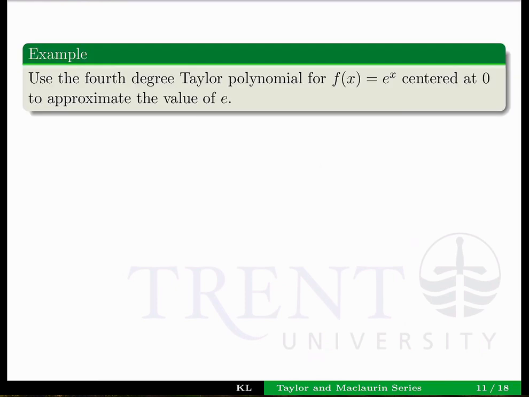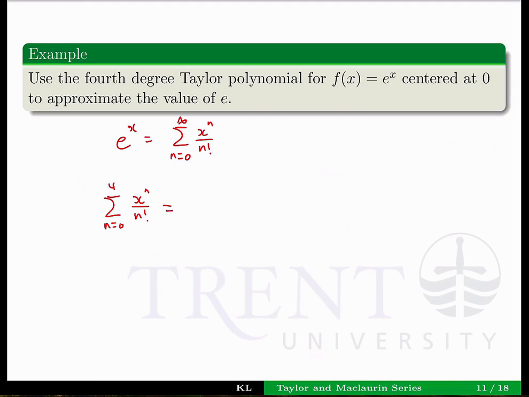Now, use the fourth degree Taylor polynomial for f of x equals e to the x centered at 0 to approximate the value of e. So we have here e to the x equals the sum of x to the n over n factorial, from 0 to plus infinity. We want the fourth degree Taylor polynomial, so we need the sum of x to the n over n factorial, from 0 to 4.